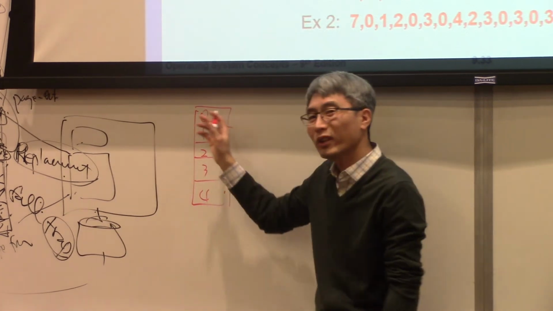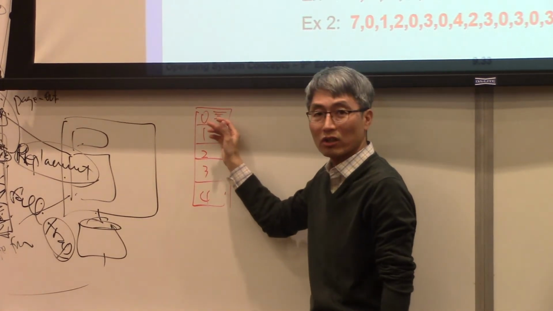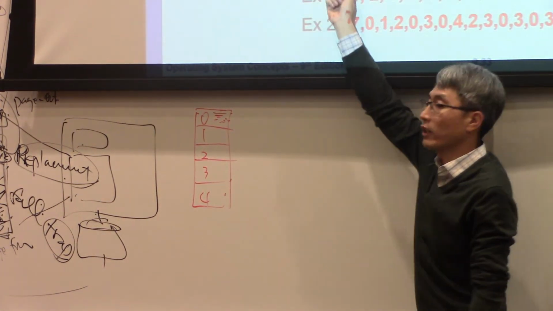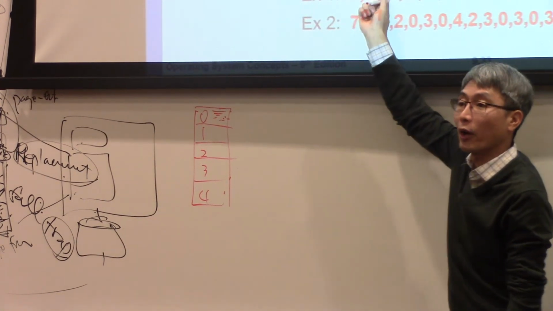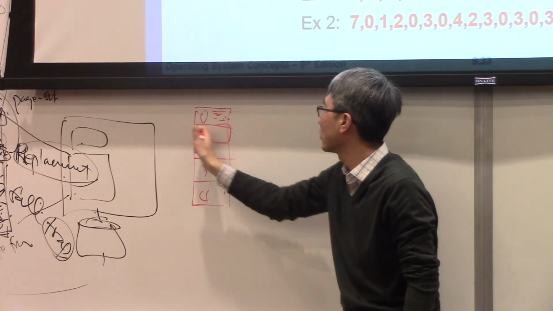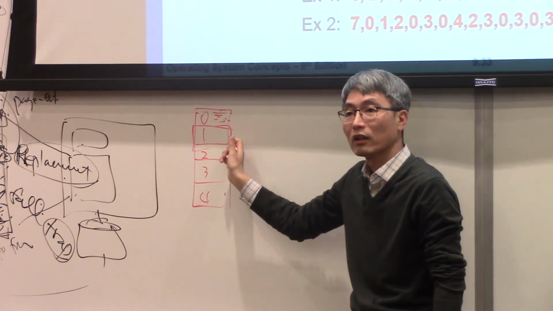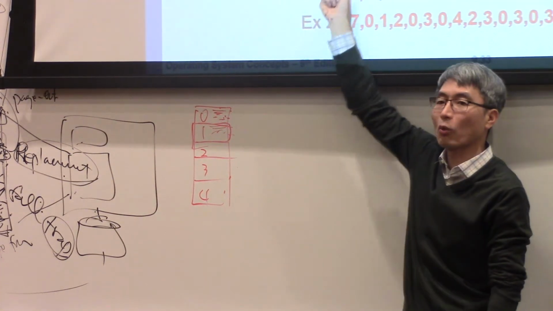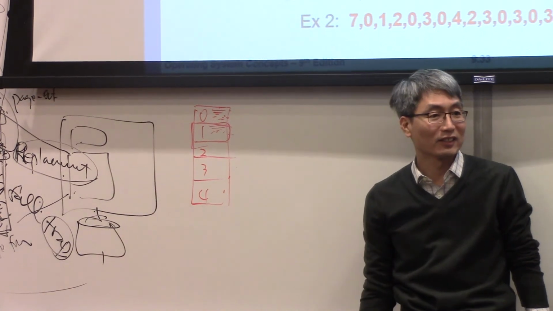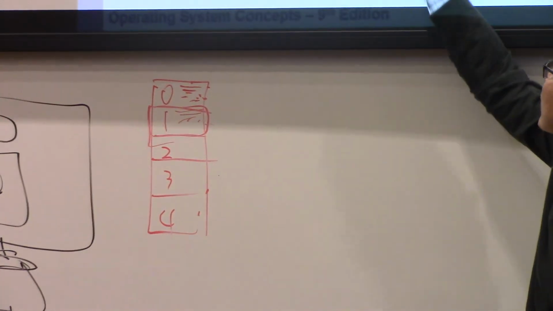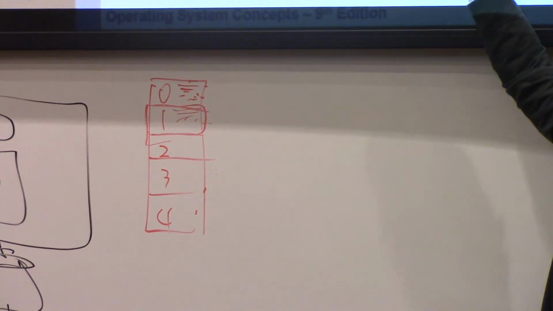Each page actually has a number of instructions, but we represent each page as one number. So 1 means page number 1. Let's think of a 1 byte page size. This is page number 2, page number 3, and so on.